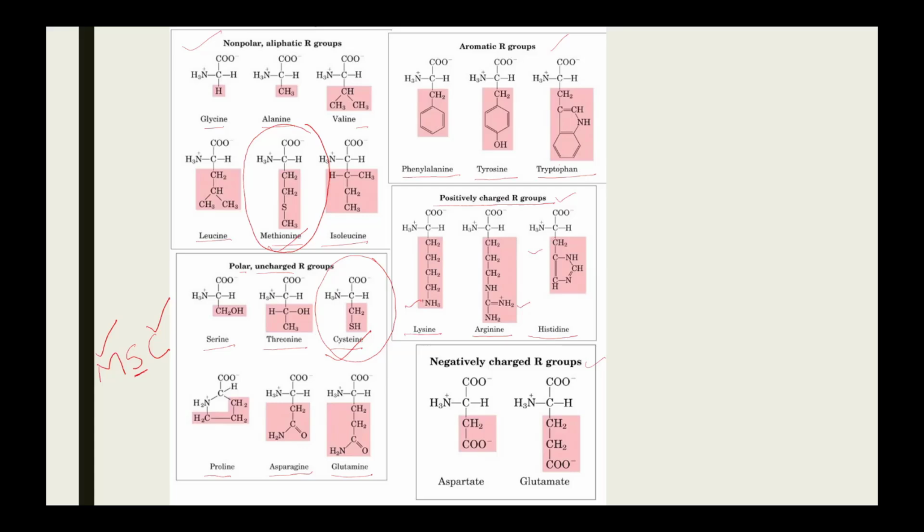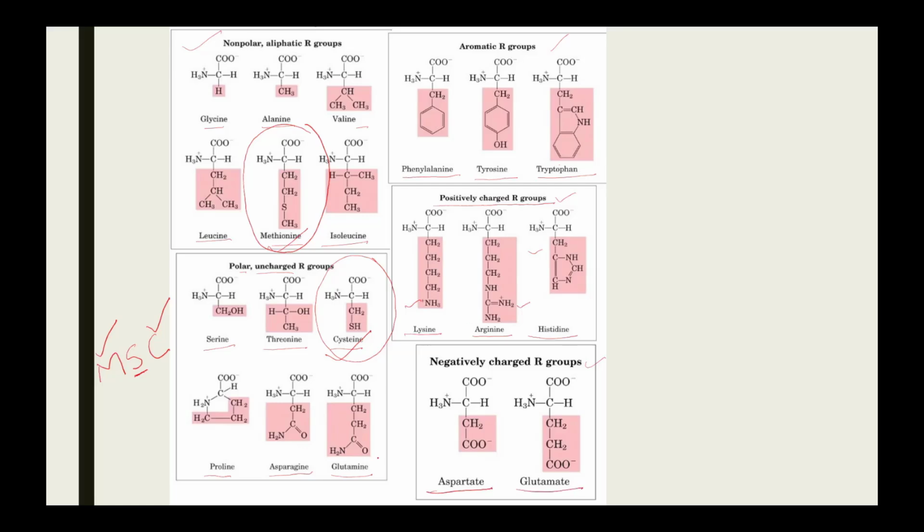Okay, and these positive residues are present in many important places and perform many important functions. For example, these are present in the histone proteins, which are positively charged. There are also negatively charged R groups that include aspartate and glutamate.